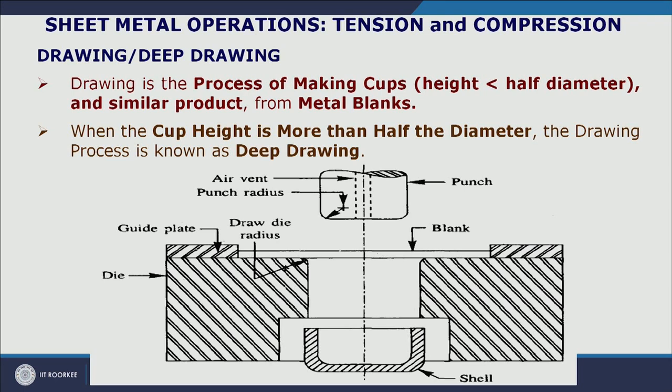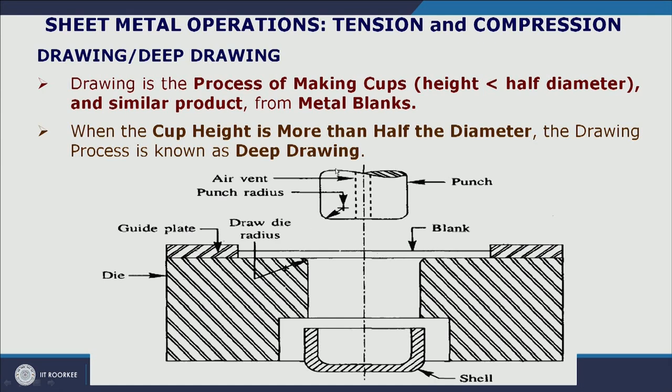It can be the deep drawing or the simple drawing process. Drawing is the process of making cup shaped products or similar products using the sheet metal, wherein the height of the cup is less than the half of the diameter or radius of the cup. When the cup height is more than half the diameter, then it is called the deep drawing process.